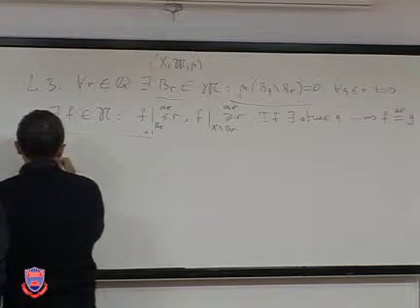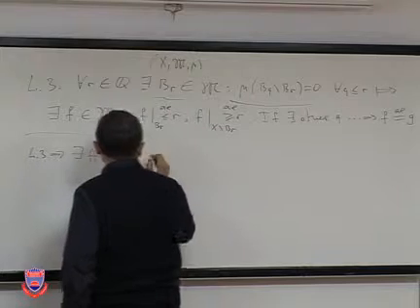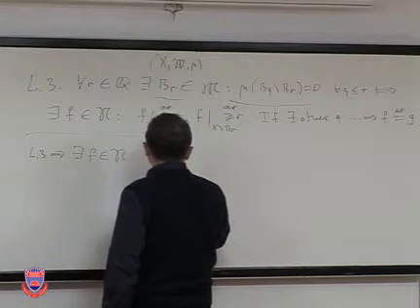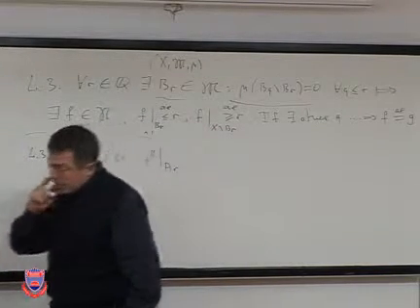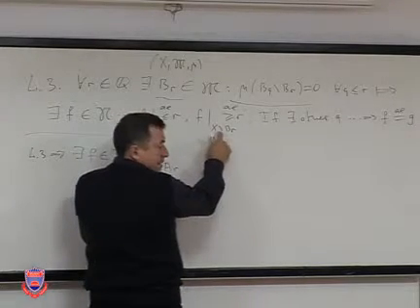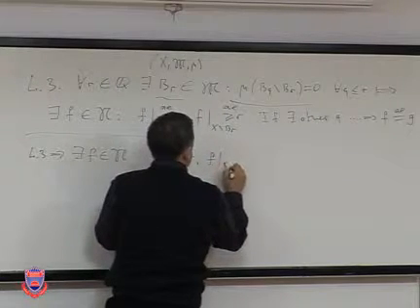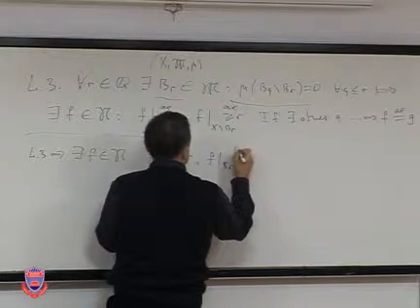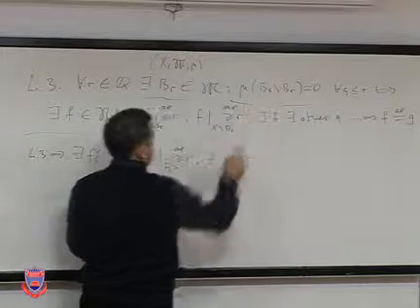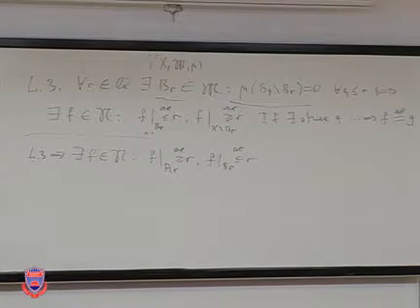Then by lemma 3, we have that there exists a measurable function such that the value of the function on this A_R will be more or equal than R, almost everywhere. And the value of the function on B_R is less or equal than R, again almost everywhere. This is just by this condition, by the definition of C. Yeah? It is just this difference.